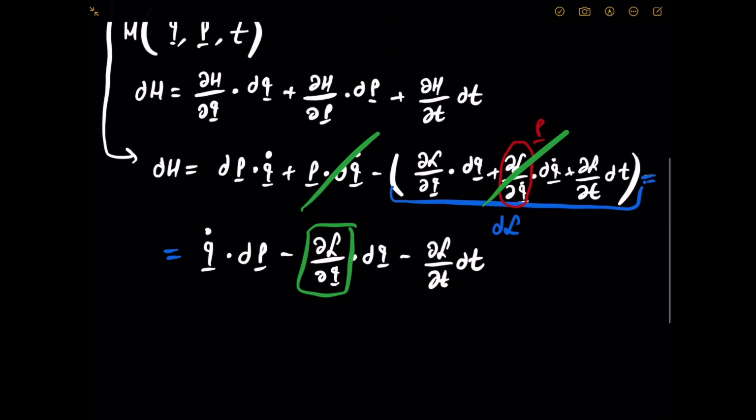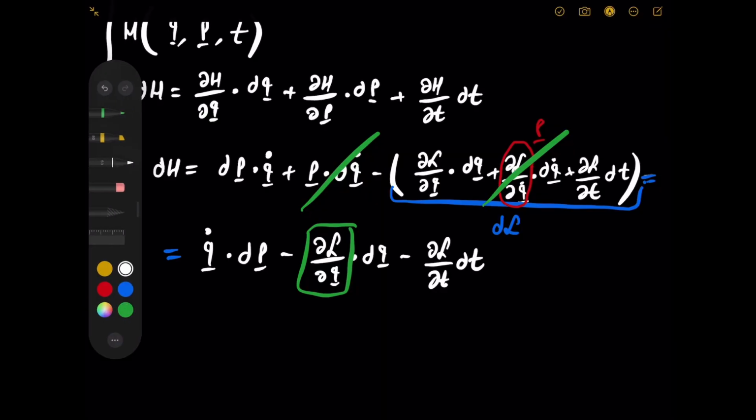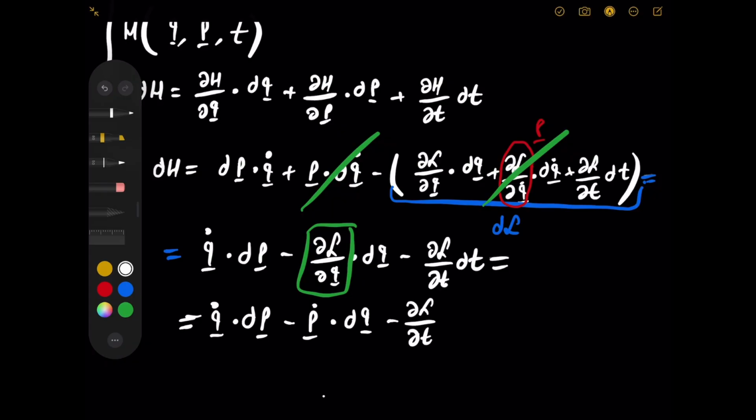So we can just substitute P dot here. So we have Q dot dP minus P dot dQ minus dL by dt dt.